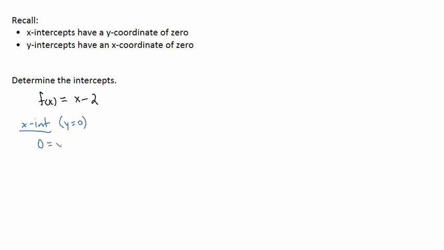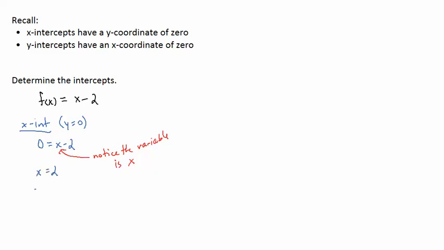So 0 equals x minus 2. Notice that x is the unknown here. Notice the variable is x. If you want to find an x-intercept, you never plug a value in for x. You're trying to figure out x if you want to know the x-intercept. And you add 2 to both sides, and you can see that x equals 2.